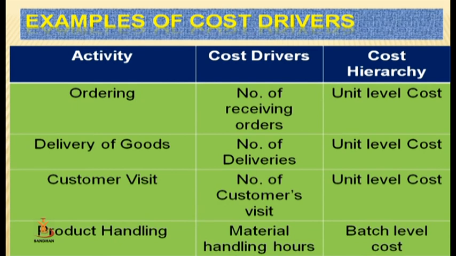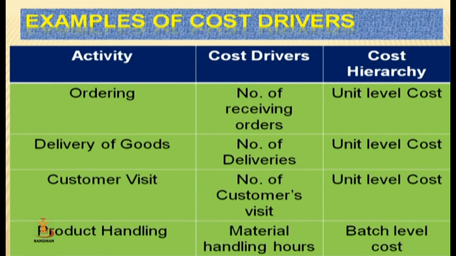Here I have given one example: delivery of goods. The cost driver identified is the number of deliveries made during the year, and its hierarchy is unit level. Whereas product handling is one of the activities. Its cost driver is material handling hours: during the year, how much material was handled and how many hours were devoted to handling such material.